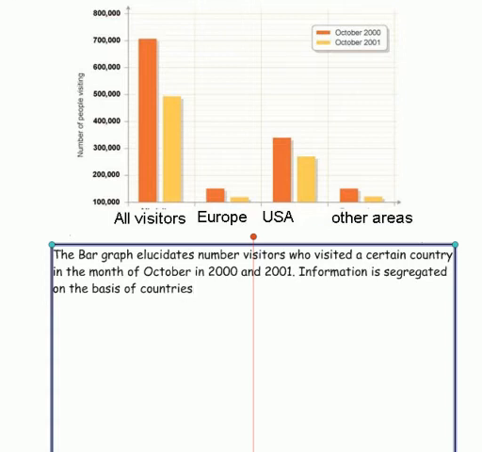I have to write all the categories in which the information has been segregated. So that is Europeans, Americans, and others. These are the 3 types of visitors, and we have to compare these visitors.